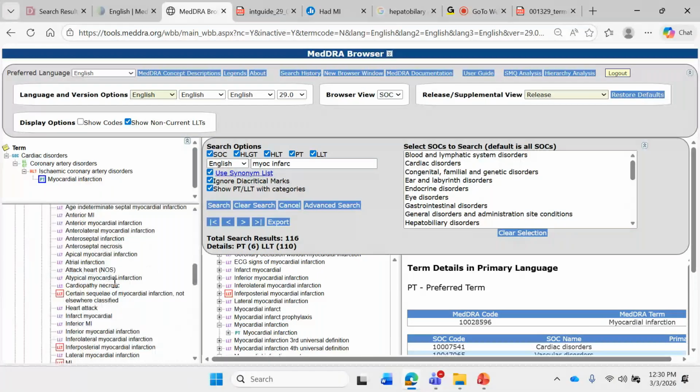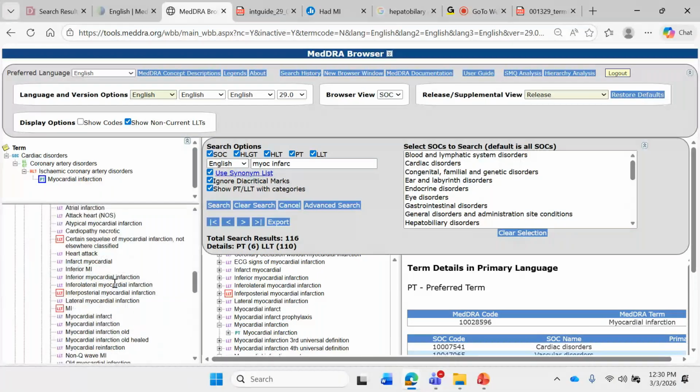At one point in time, MI was the LLT to mean the PT myocardial infarction. But we can't use this now, because in the very beginning I told you we cannot use non-current LLTs. Those are the ones with the red box around them. At one point this was a good term in MedDRA, but now it has been made non-current and therefore cannot be used for coding purposes.